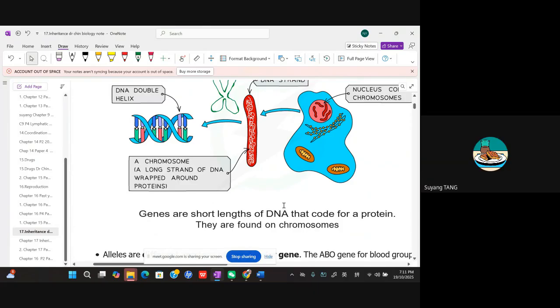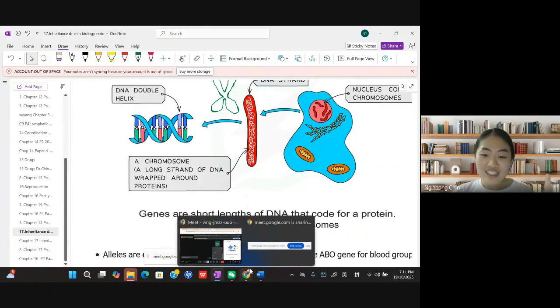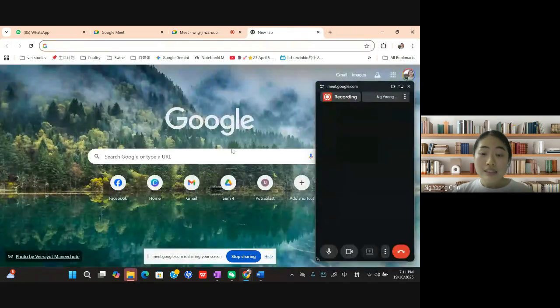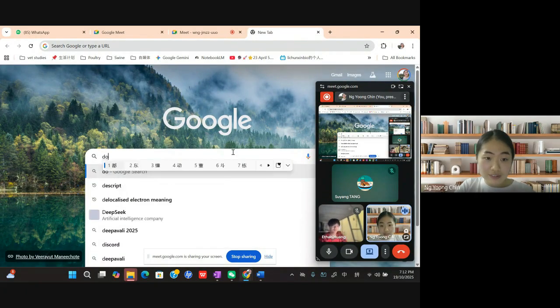Yes. Okay, Down syndrome is a very interesting case. Let me show you a picture. With Down syndrome, you have one extra chromosome. Down syndrome is due to the failure of separation of the sister chromatids, which results in an extra copy of a chromosome. So it becomes 47 chromosomes instead of 46.